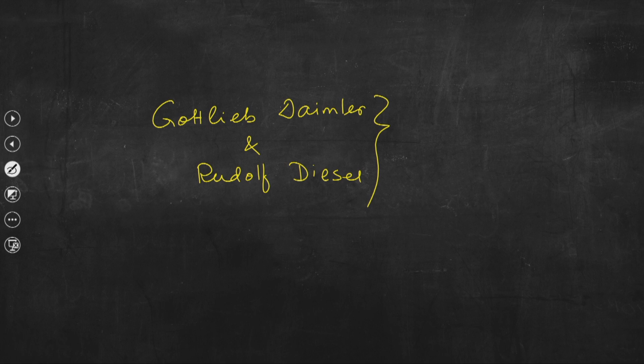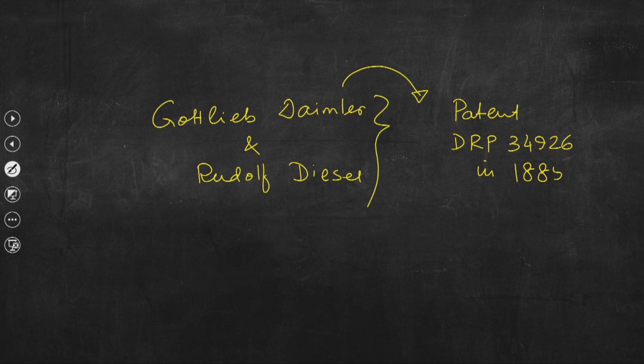So, as I said, Gottlieb Daimler had supercharged his first engine, as is reported in his patent. This patent number is DRP 34926 in the year 1885.